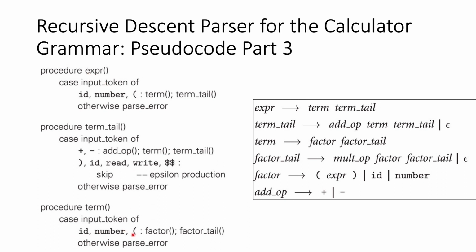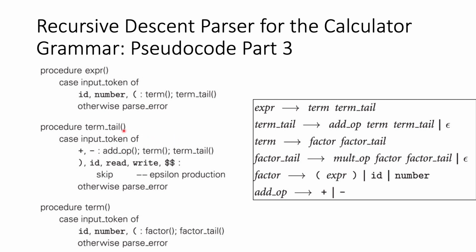So here the input tokens that we use to predict the expansion for the term are just like the open parenthesis, ID or number. Because when we expand the right hand side of this production for term, it also leads to the expansion for factor.